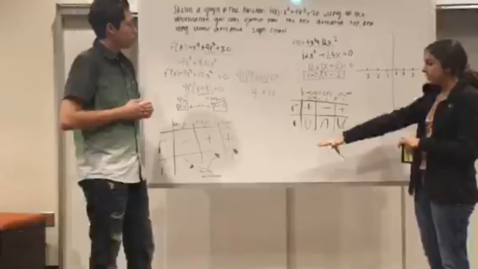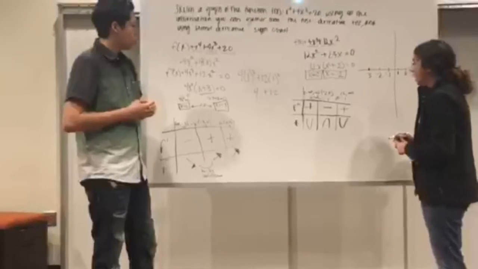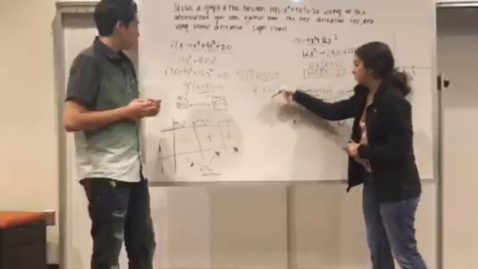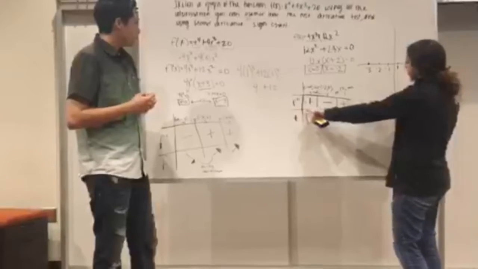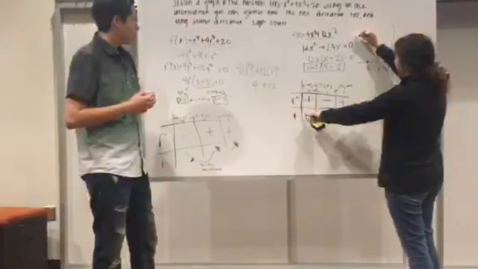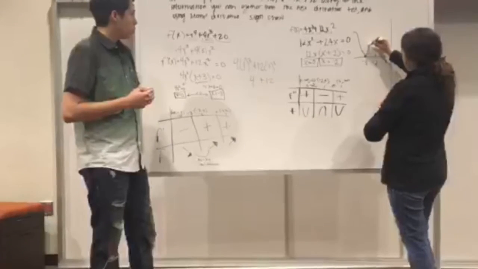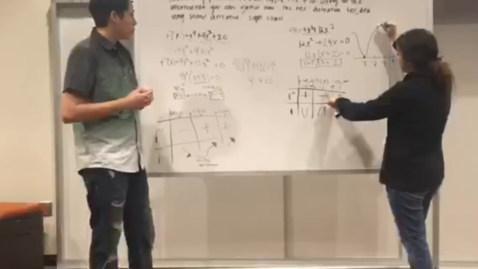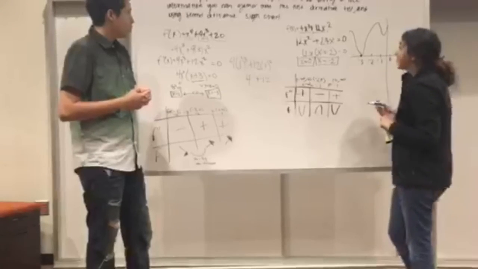Our local minimum that we found is x equal to negative 3, so we can mark the point here. And then by looking at the shape of the graph from the information that we found, we can see that the graph first starts with the concavity going like this, reaching the minimum point at negative 3, going back up, and then changing at the inflection point at negative 1, so going down. And that is a sketch of your graph.